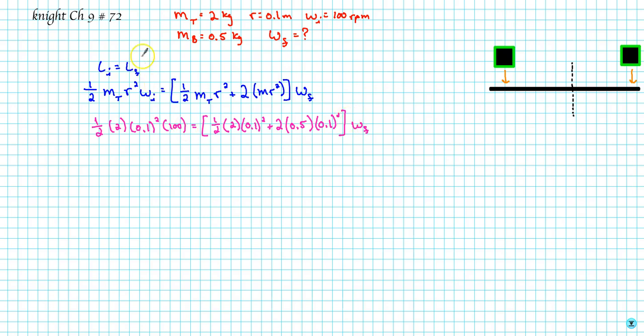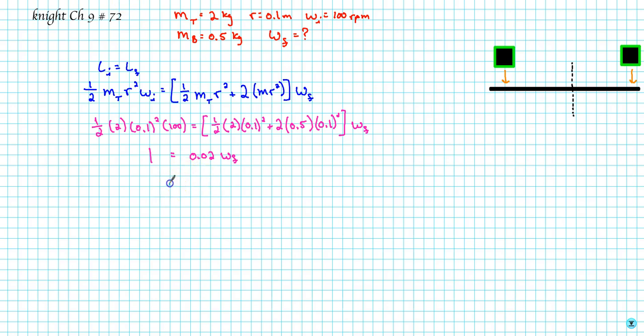If we crunch these numbers, this side of our equation becomes 1. On this side, the whole big moment of inertia comes out to be 0.02, times omega sub f. Do a little math, knock it out.